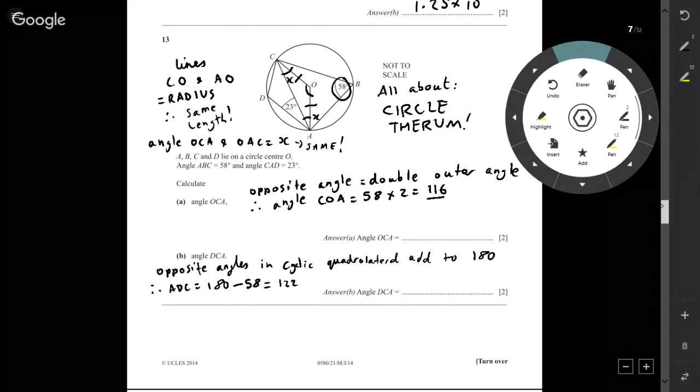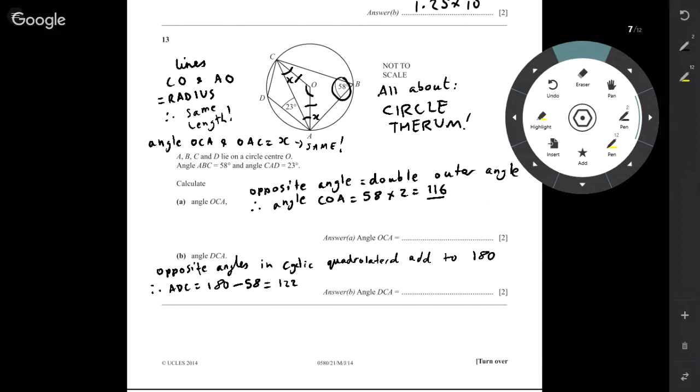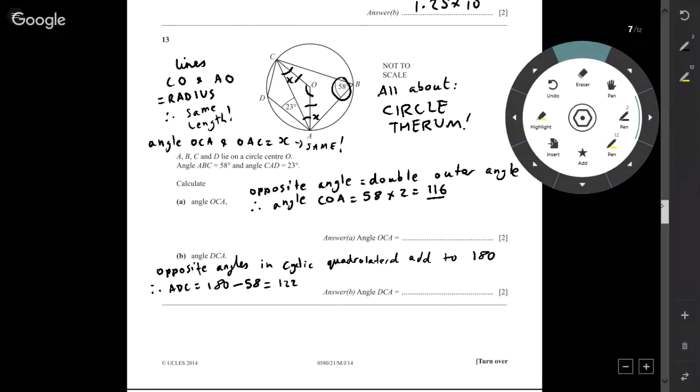Now, to find this angle, which is what the question is asking, as all angles in a triangle add up to 180, we can do 180 minus 116 equals 2x, because there's two x's.